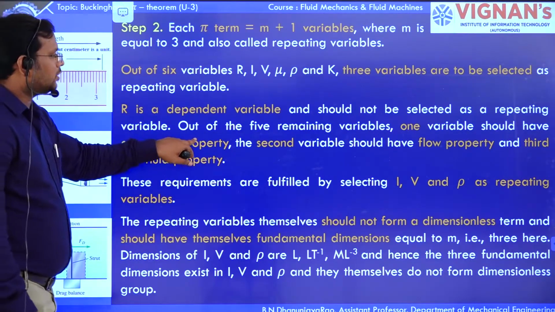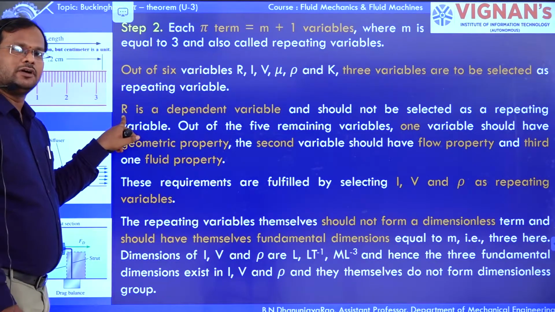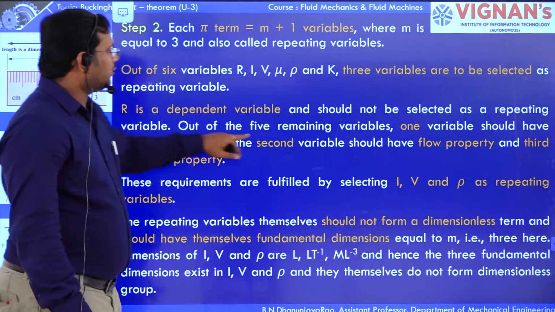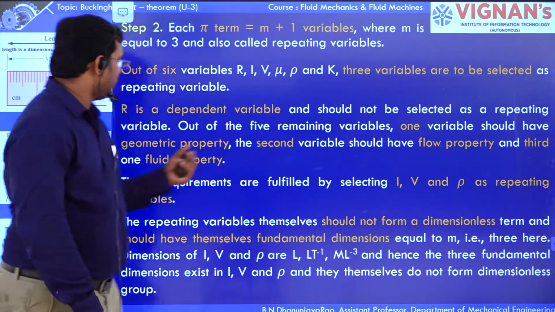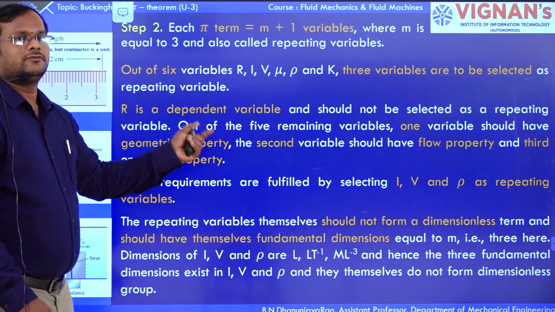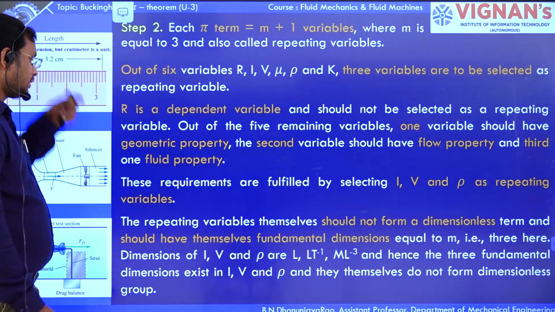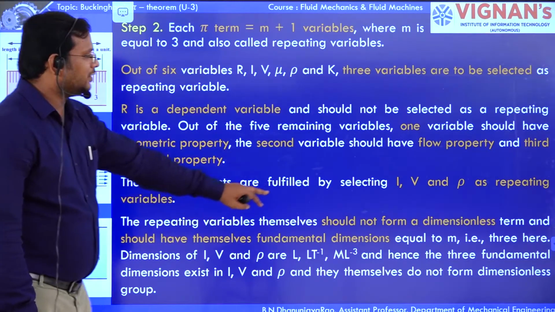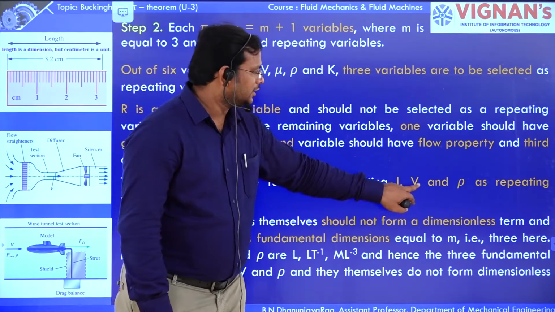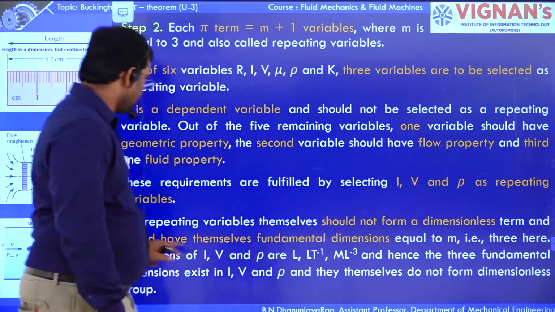Out of the 5 remaining variables, one variable should have a geometric property, the second a flow property, and the third a fluid property. These requirements are fulfilled by selecting L as the geometric property, V as the flow property, and rho as the fluid property, as repeating variables.